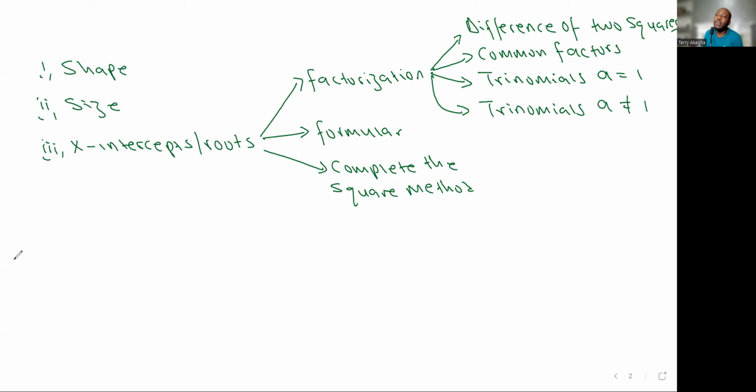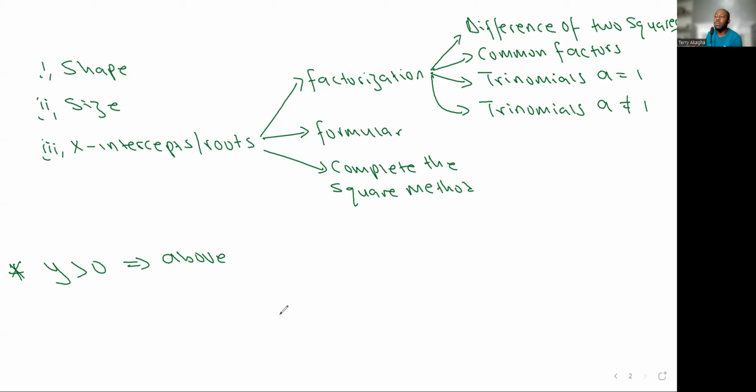And when graphing as well, I told you that if y is greater than 0, you're going to shade above the line, if you remember, for graphing quadratic inequalities. If it's less than 0, you're going to shade below the line.